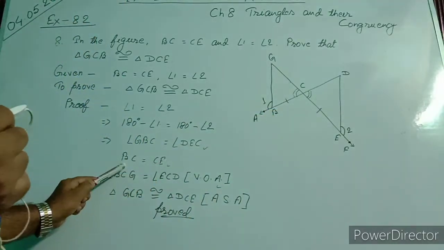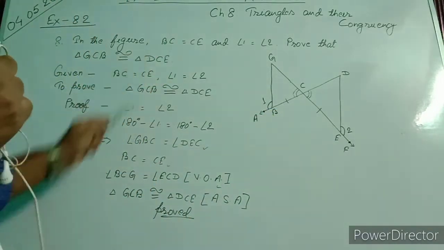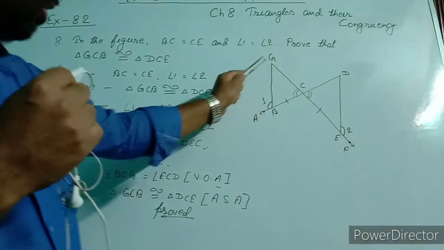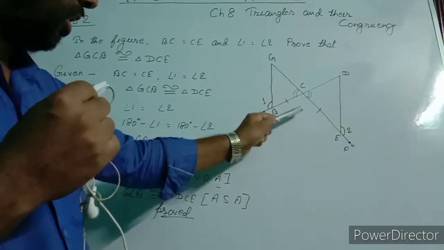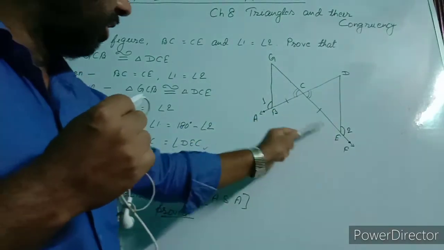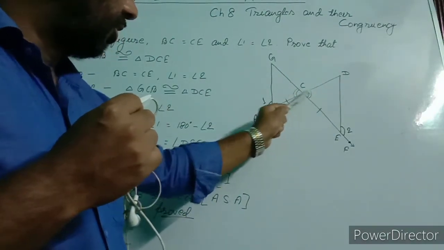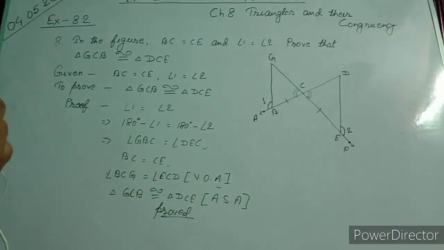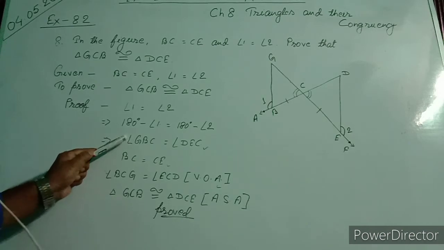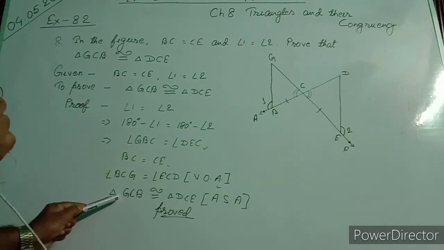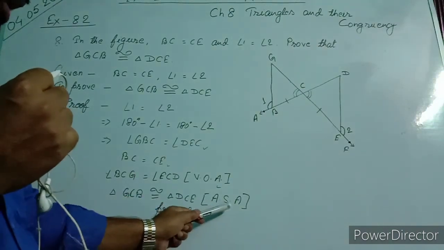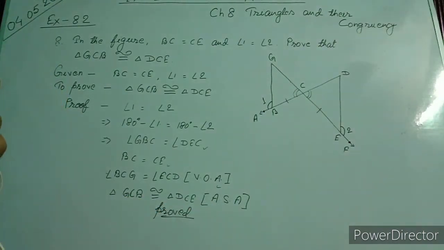The second condition is given in the question, BC equals CE. And the third condition I got, angle BCG equals angle ECD. These two are vertically opposite angles. For that I wrote here in bracket vertically opposite angles. Therefore we got three conditions, number 1, number 2, number 3, to say triangle GCB is congruent to triangle DCE. Which rule? From the ASA criterion of congruency, proved.